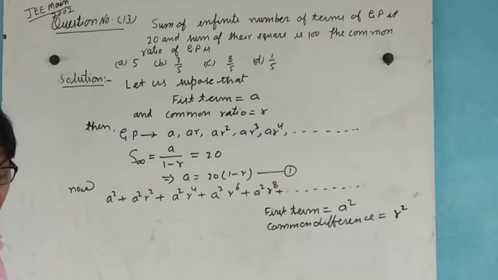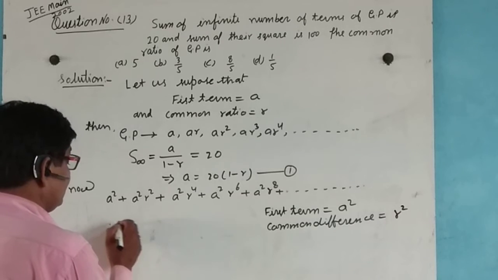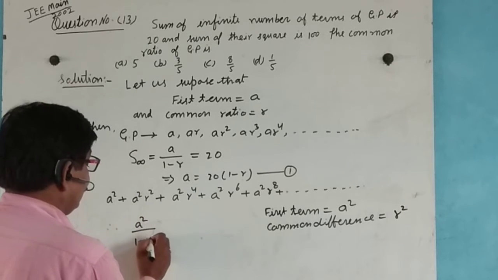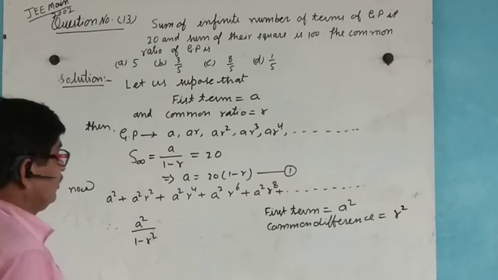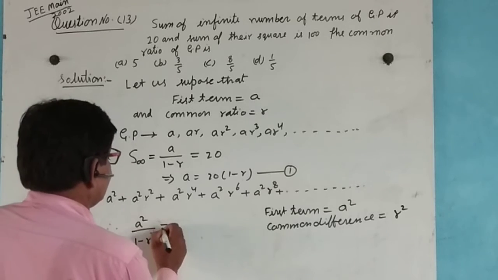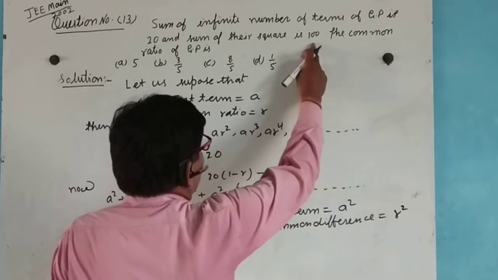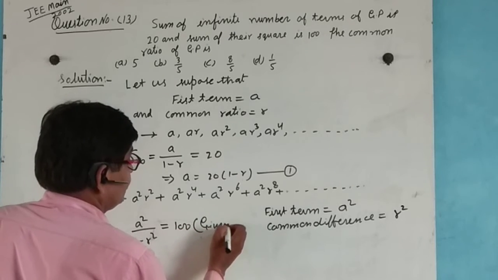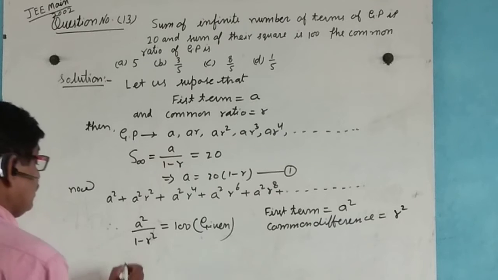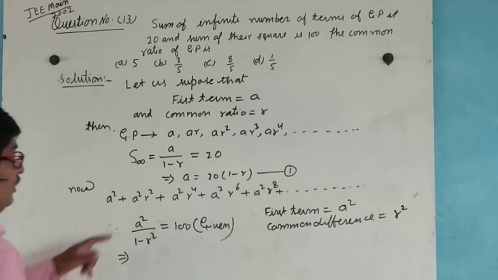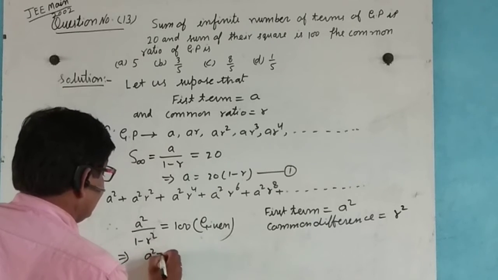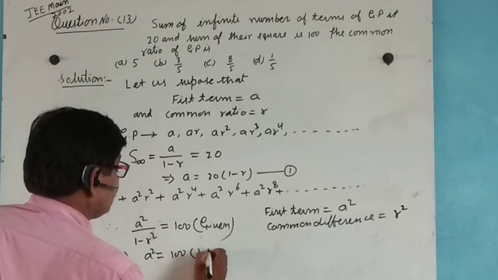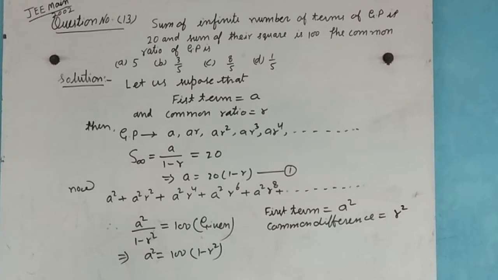Now the sum is A square divided by 1 minus R square, and this is equal to 100, given. So this can be written as A square equals 100 times (1 minus R square).